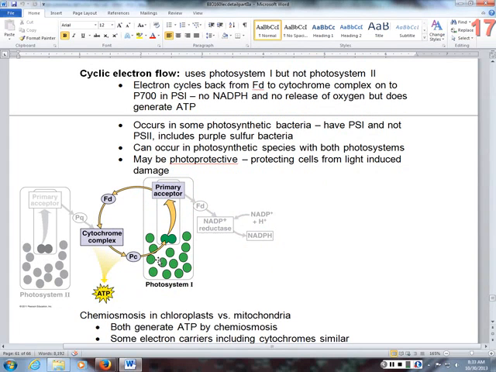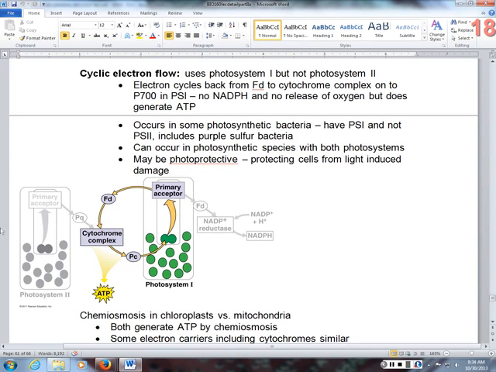So if you're trying to make a comparison with what you saw with respiration, you had those 2 electron carriers, NADH and FADH2. The FADH2 cut the process short. NADH passed it the whole long way. So with cyclic electron flow, you're cutting it short.